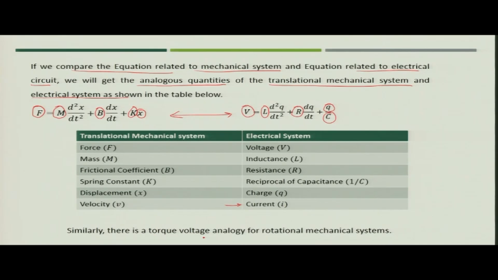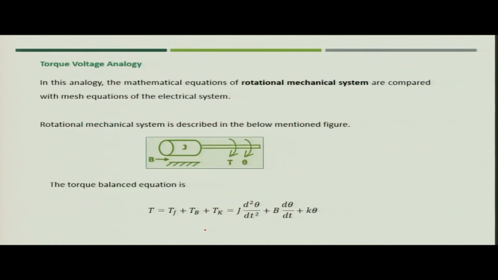Let us take the rotational system also, where instead of force you compare torque with the voltage. So, for the analogy in case of torque voltage, you first consider one rotational system where J is the inertia of the rotating body, torque T is the applied torque, B is viscous friction, and it is giving the displacement of angle theta.